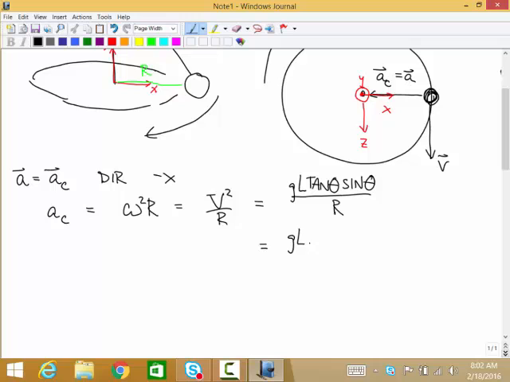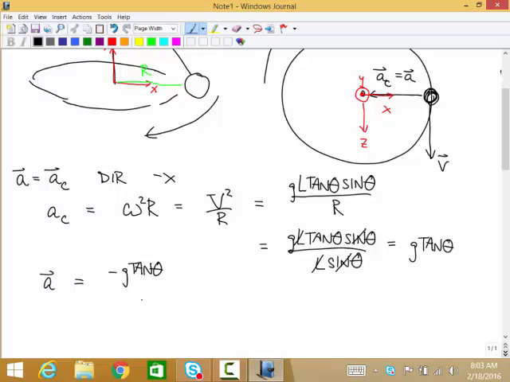So we got g L tangent theta sine theta over L sine theta. Those cancel, and all you have left is g times the tangent of theta. So the centripetal acceleration vector, or the total acceleration vector, is this in the negative x direction. So negative g tangent of theta, 0.